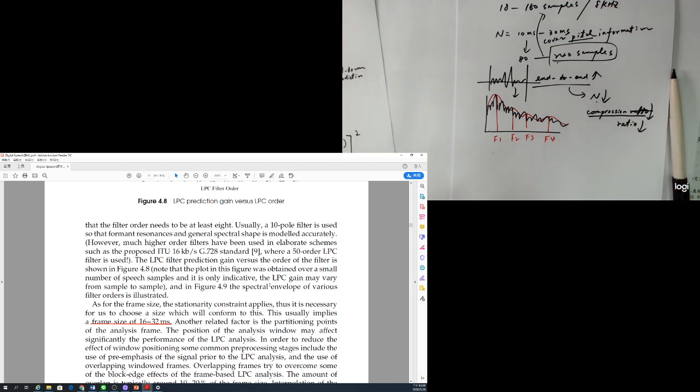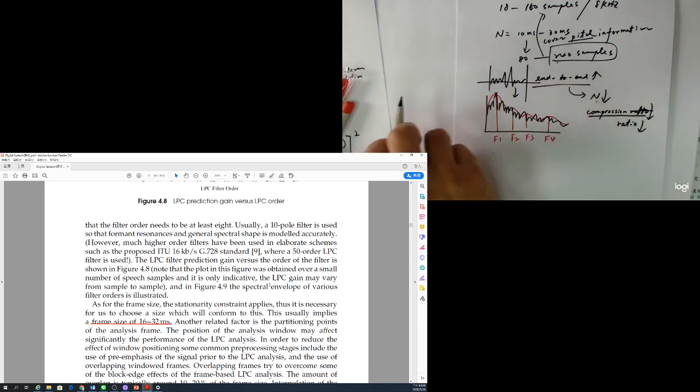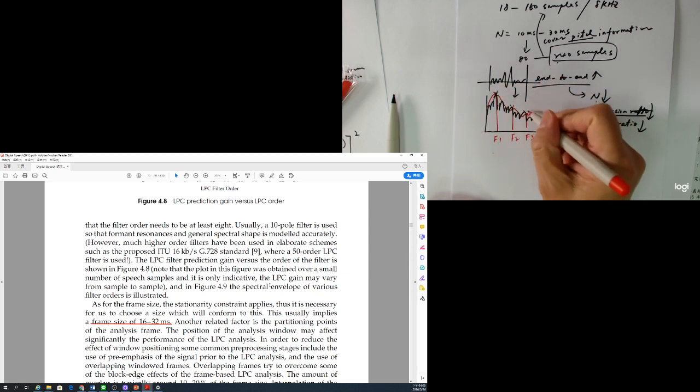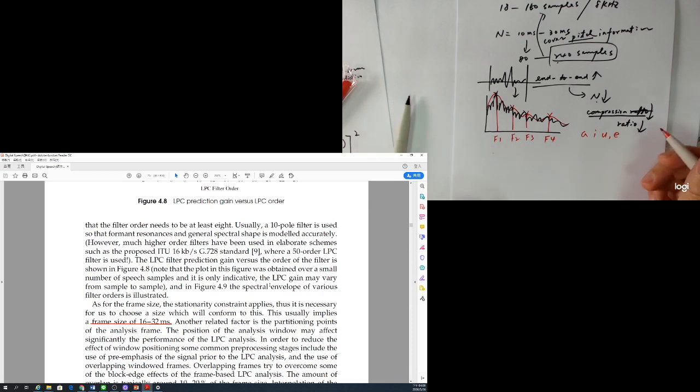Sometimes you try to catch the meaning of what you say, the linguistic meaning. Because they have four dominant important pieces of information, we try to understand what you pronounce, like R, E, U, A, for example, this kind of phoneme.